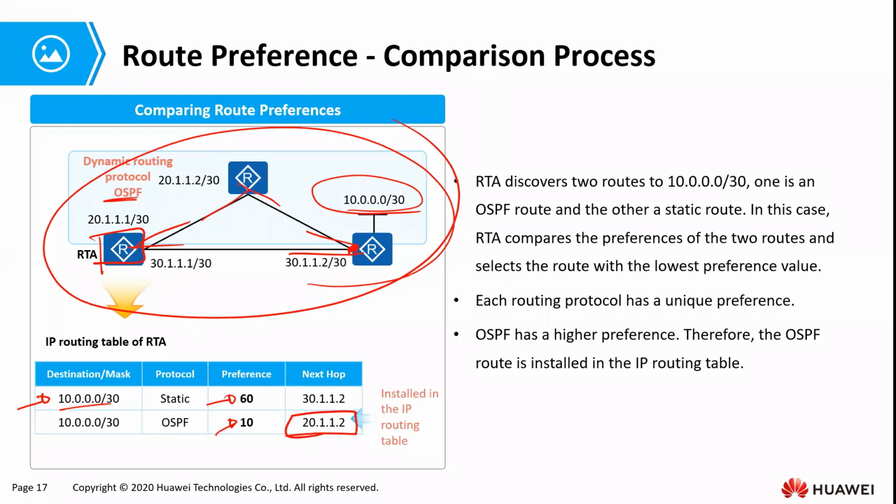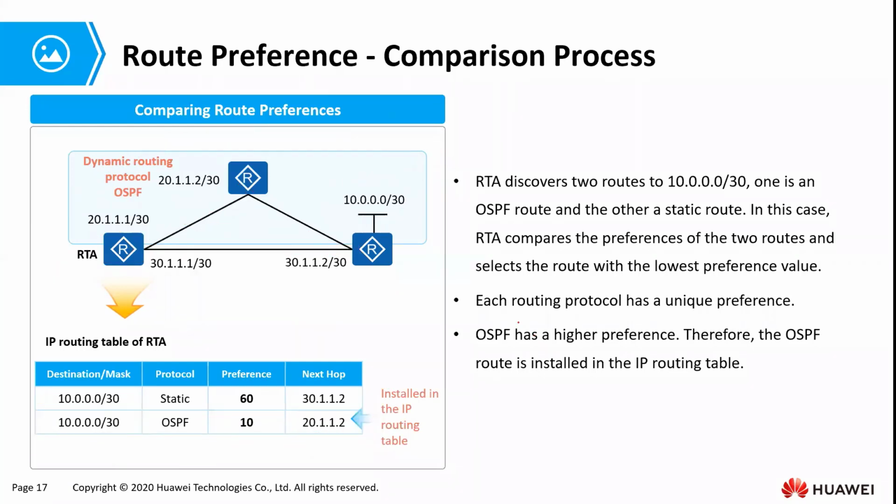It examined itself, sent hello packets, and then it figured this one is the next hop. We shall only install the OSPF route in the routing table. We shall not install this one. Please note that in case the OSPF route goes down, then we shall install this one. It is somewhere floating, waiting. Are we together? Yes, we are together. Good.